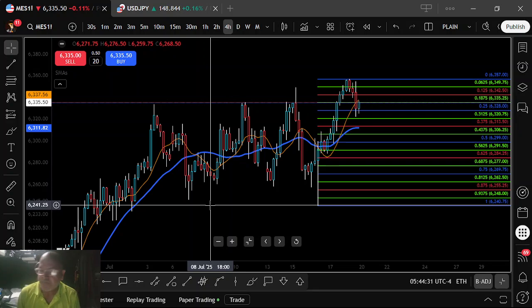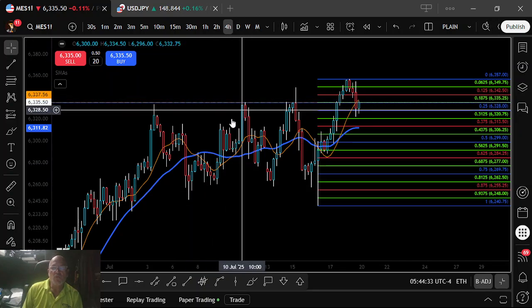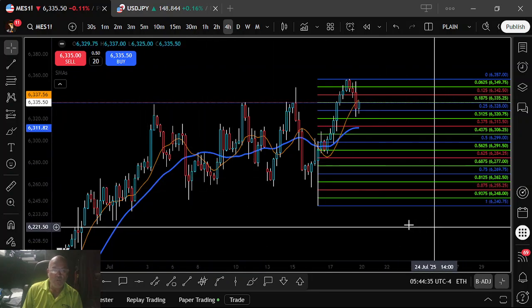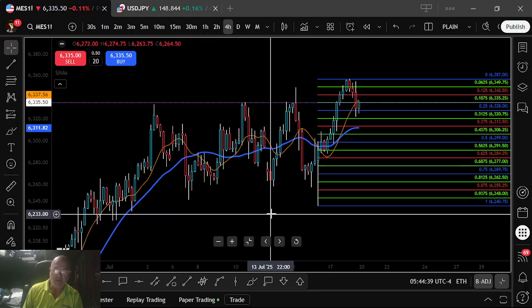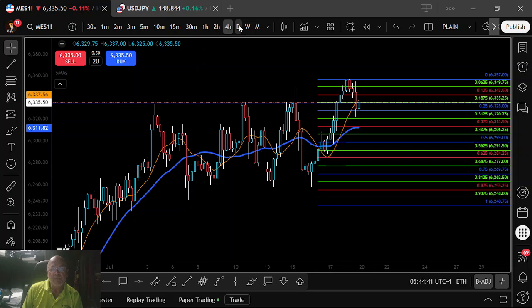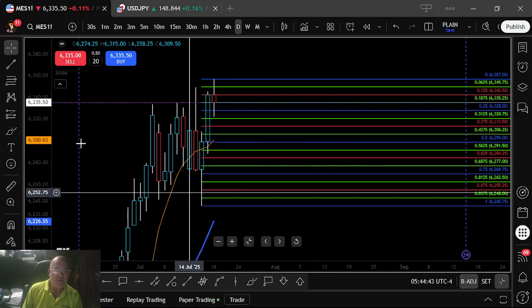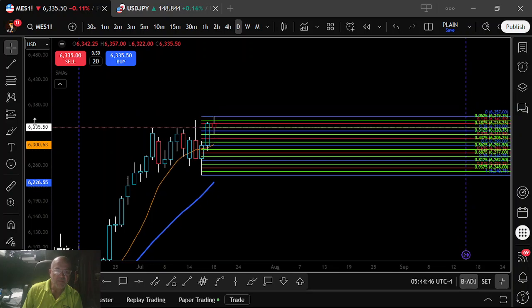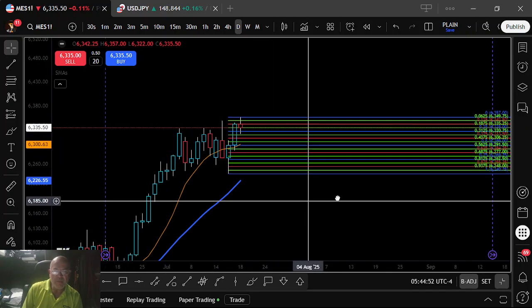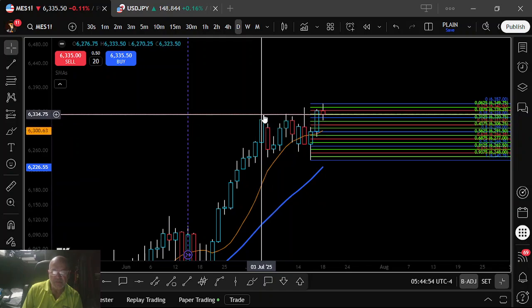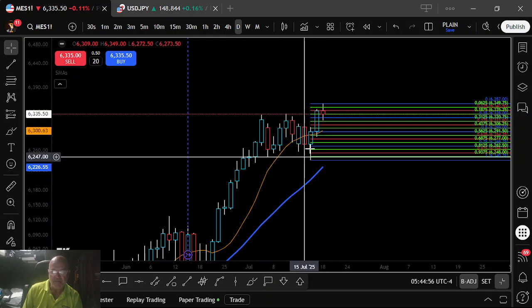So we're in the weekend, so let's just look at what we might see for next week, right? I'm always going to start off with a daily, and we've been in the last 2 weeks in this daily range here.